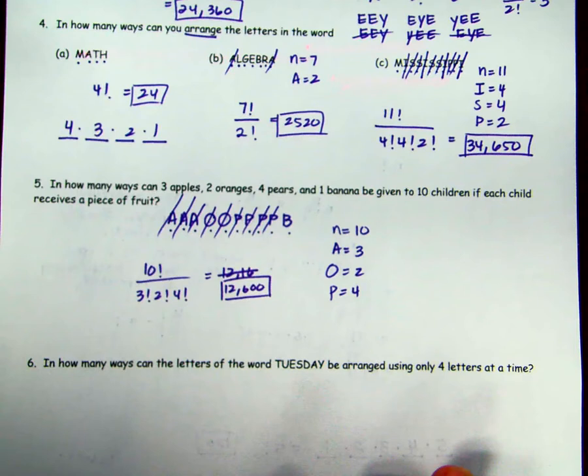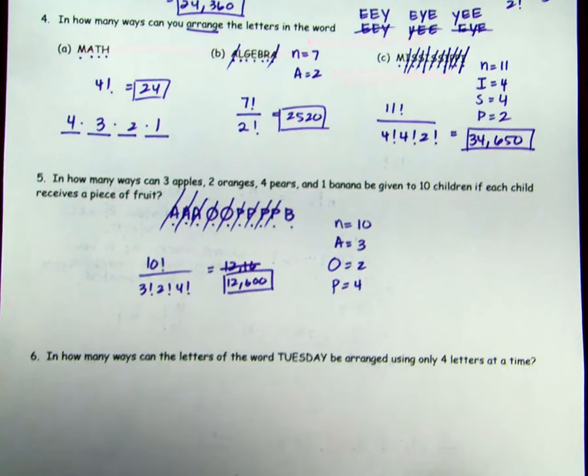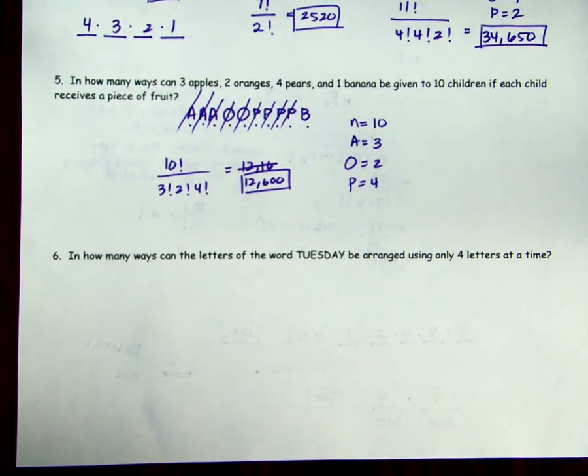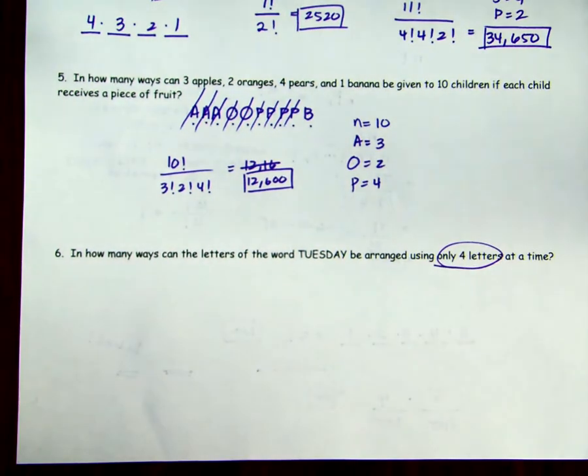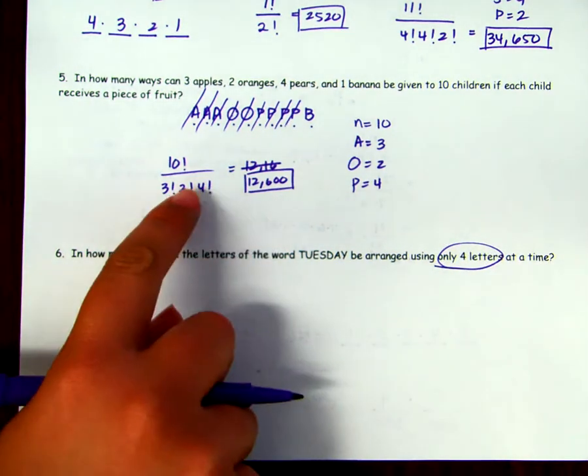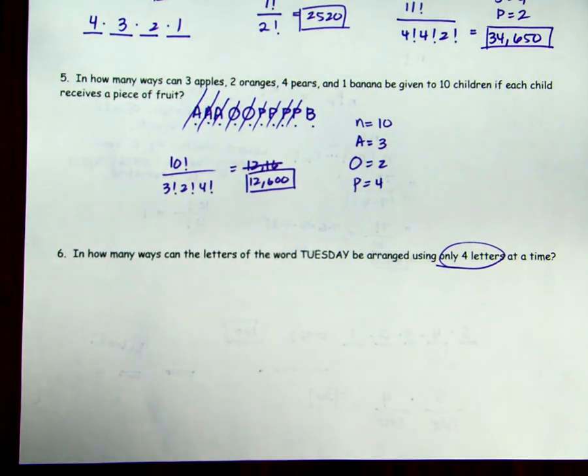I suggest that you try this in your calculator, that you know how to enter this in your calculator, especially if you have an older graphing calculator. Alright, last example. In how many ways can the letters of the word Tuesday be arranged using only 4 letters at a time? Well, you'll notice that none of the letters are actually repeated, but this is no longer the previous example because I'm not actually arranging all the letters.